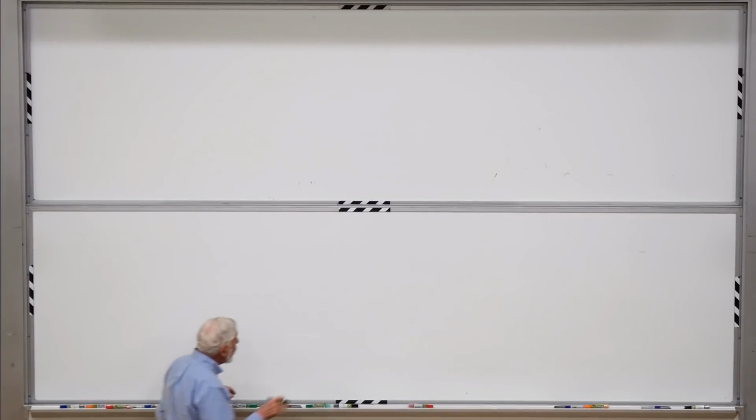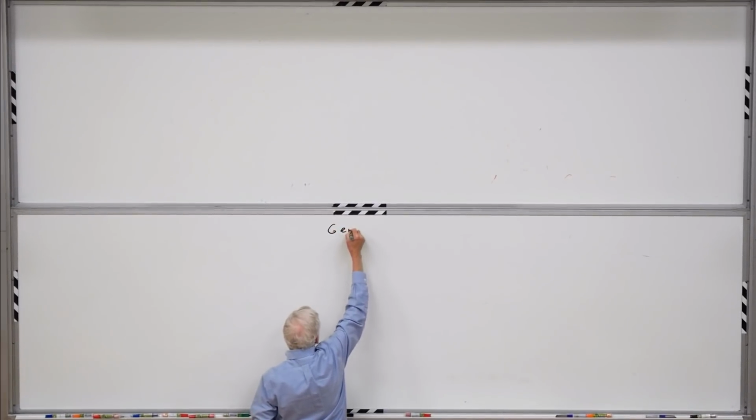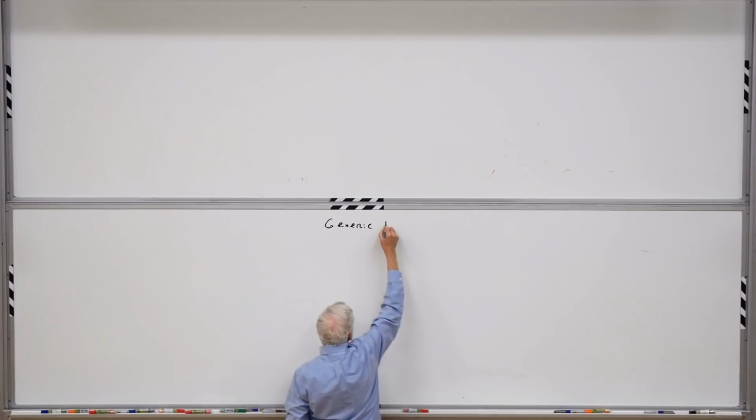But let's start here with our generic autonomic nervous system.